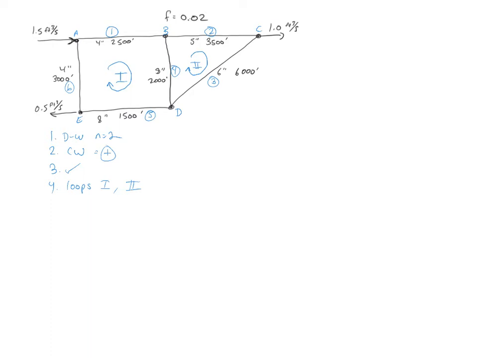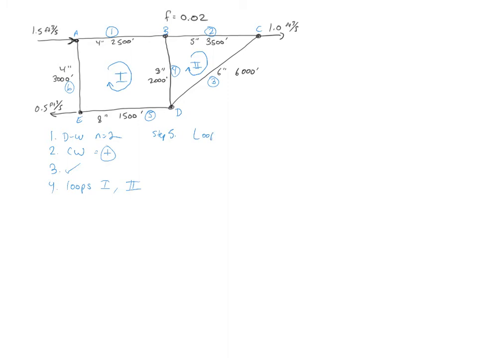Step 5, let's do it here. Okay, this is going to take a bit. We're going to calculate K for each branch in the network. So what I like to do is make a nice organized table here. So I'm going to start doing that. I'm going to put across the top the headings.